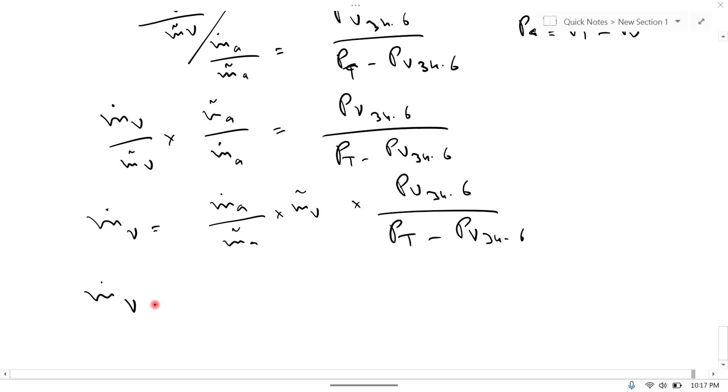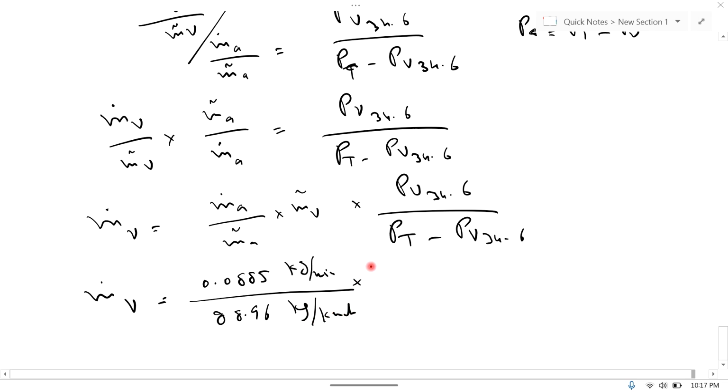So putting values, mass flow rate of air is equal to 0.0885 kilogram per minute divided by molar mass of air, 28.96 kilogram per kilomole, multiplied by molar mass of vapor, 18.016 kilogram per kilomole. This kilogram per kilomole will be cancelled with kilo.